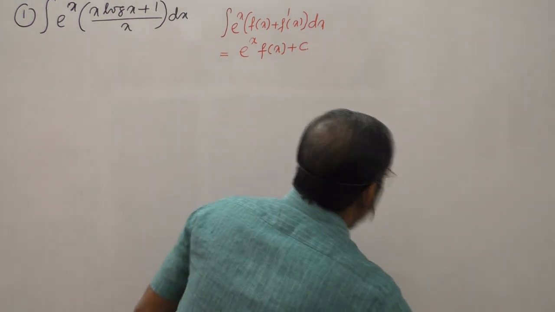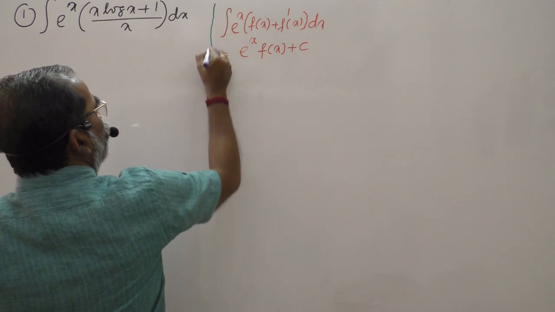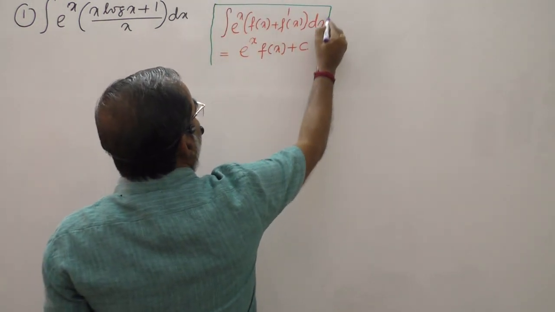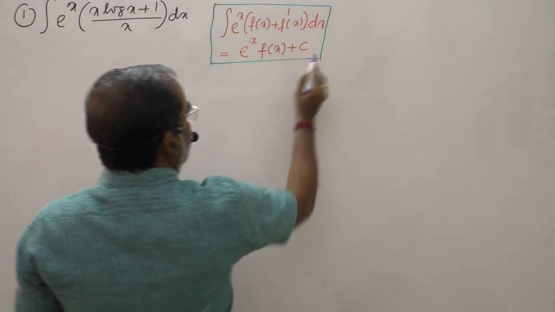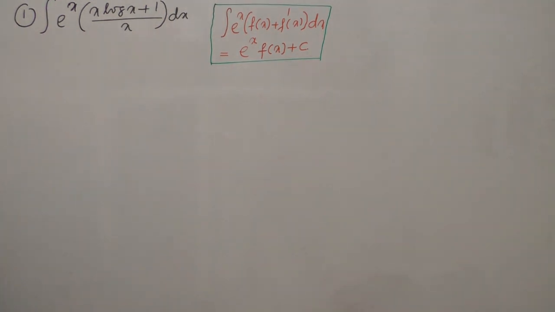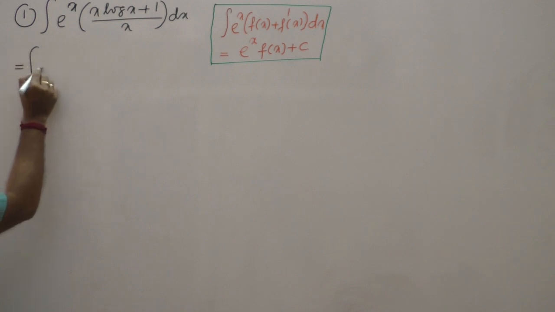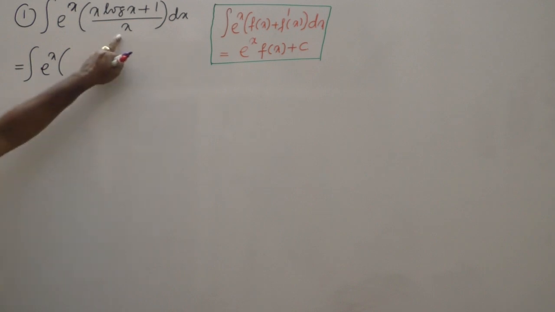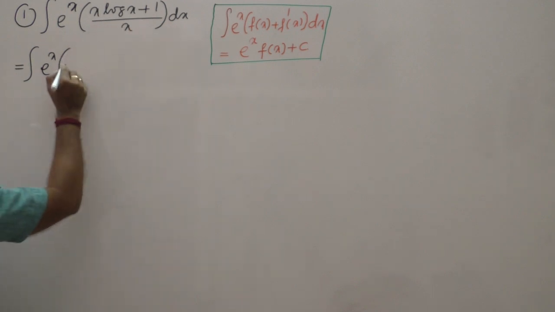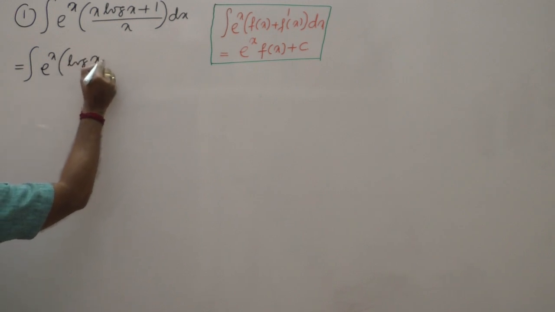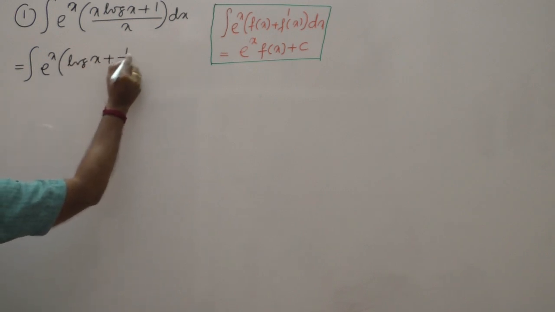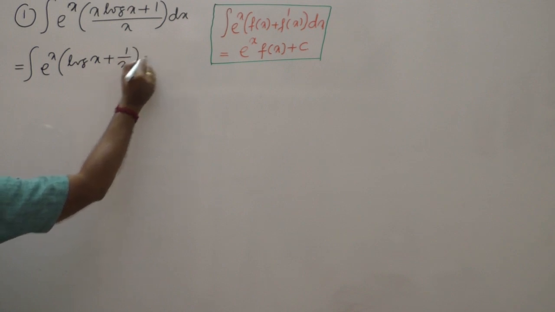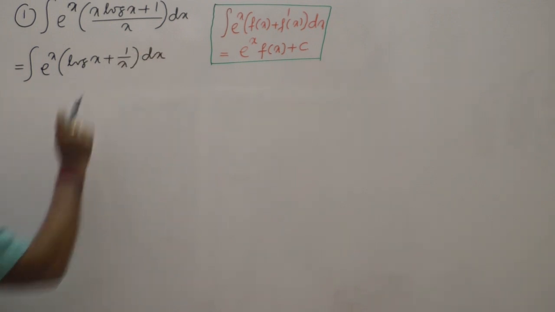So I will use this. Now what about this problem? Here e power x is there. You will get the same here, e power x into, here x divides both. If you divide separately, if you divide the first one, x gets cancelled. And if you divide 1, you will get 1 by x into dx.